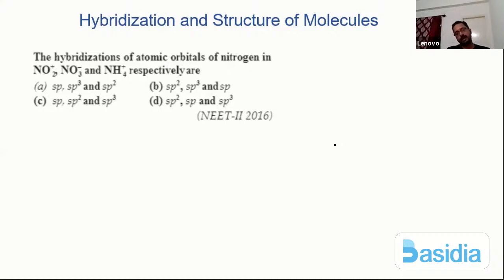Okay, so you have 30 seconds to solve it. 30 seconds and your time starts now. It is very important that you know the structure of these molecules. Without knowing the structure, it is going to be a very, very difficult task to solve.